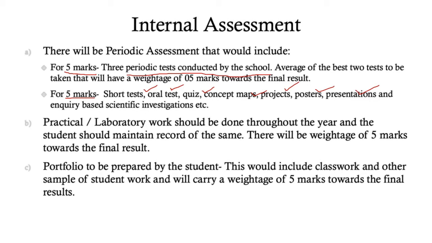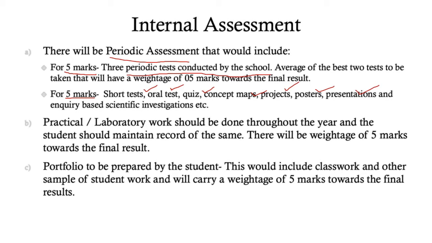Now the practicals, as I said, are work to be done throughout the year, and based on the record that you maintain, you'll be getting the 5 marks of the subject enrichment activity.